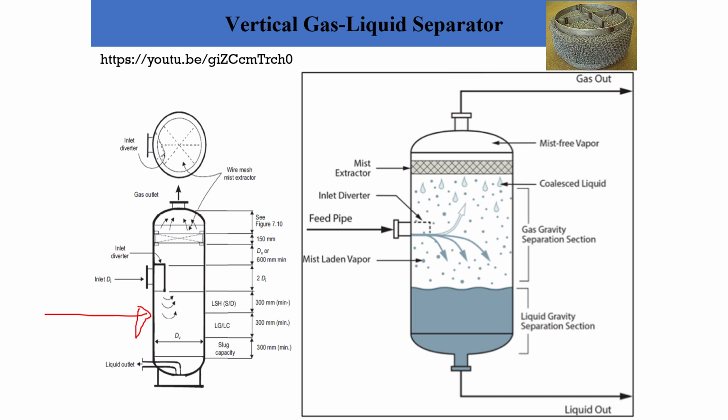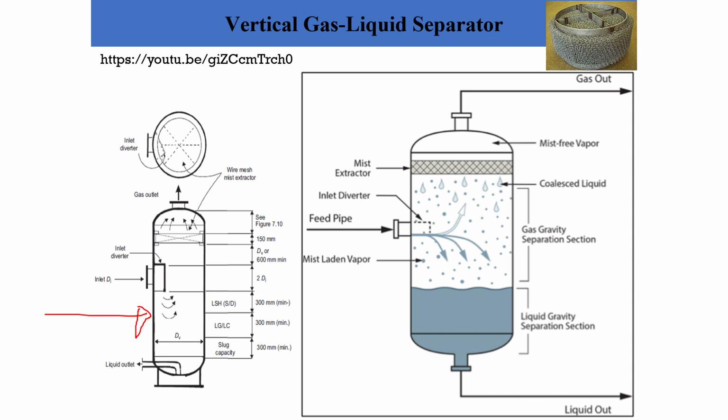This will give you an idea of how much, for example, the height of the inlet diverter should be, how much the sludge capacity section should be, how much the demister thickness should be, and all other specifications from an industrial point of view. But this doesn't mean that these numbers are fixed for our separator. No, it depends on the flow rate and on the characteristics of the fluid that you are dealing with.